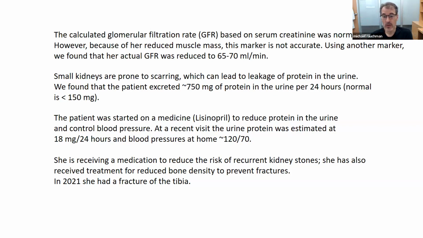This reduces her protein in the urine and controls her blood pressure. At the last visit this past August, the urine protein was down to a normal range and her blood pressure was very well controlled. She's receiving medication to reduce the risk of having more kidney stones. She's receiving treatment for her reduced bone density to prevent fractures, because in 2021, she already had a fracture of her tibia.